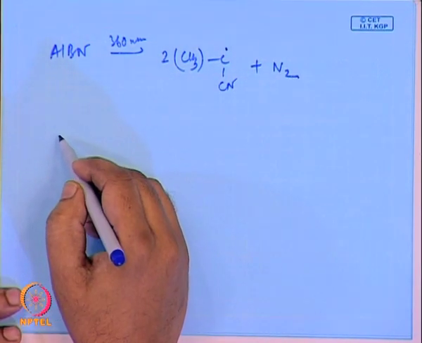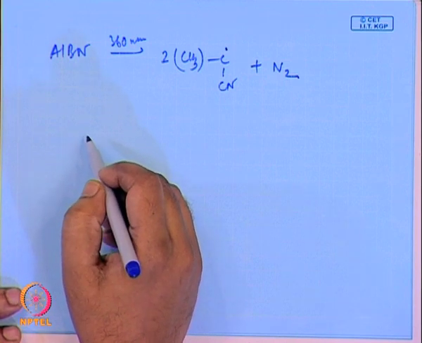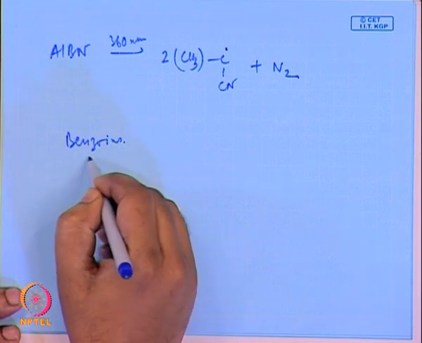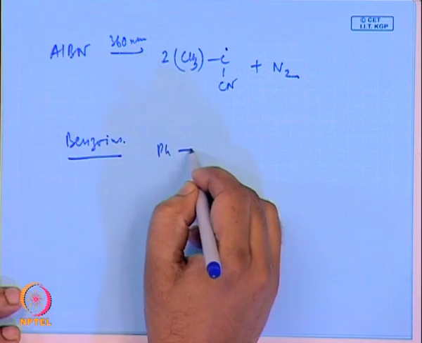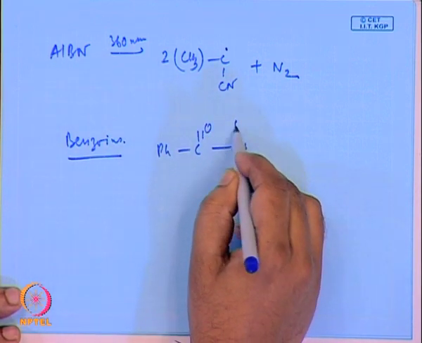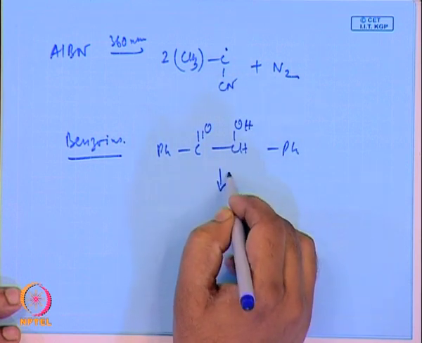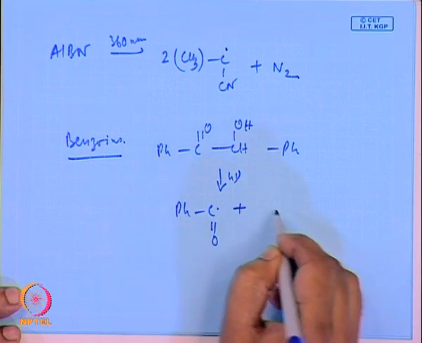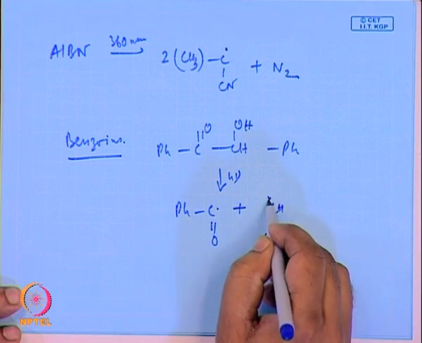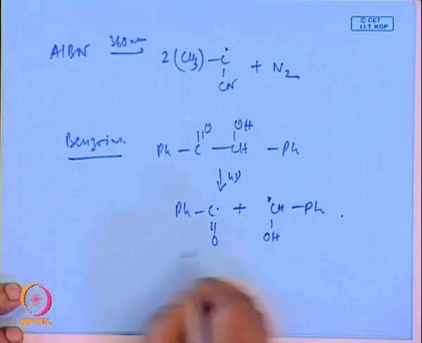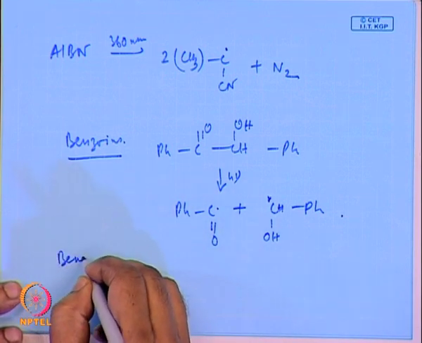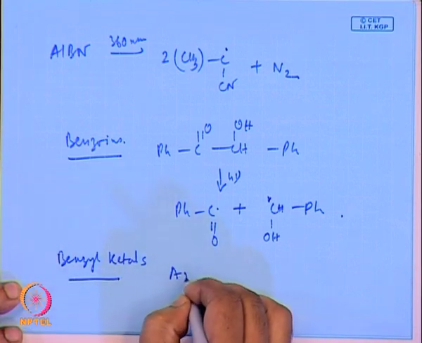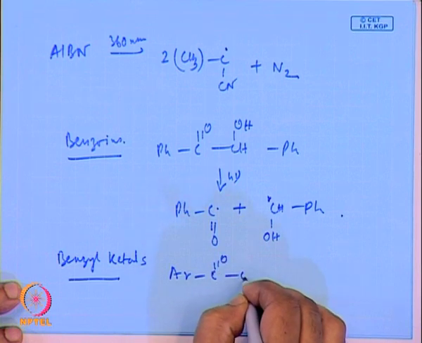Most commercially used radical initiators are like benzoins, for example a molecule like this, or you can have say benzyl ketones, where you have a structure like this.